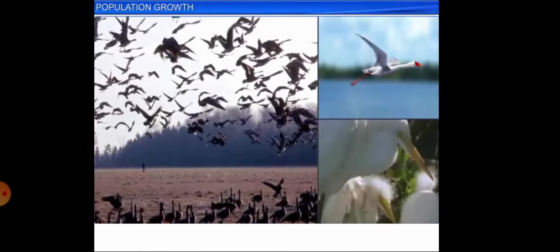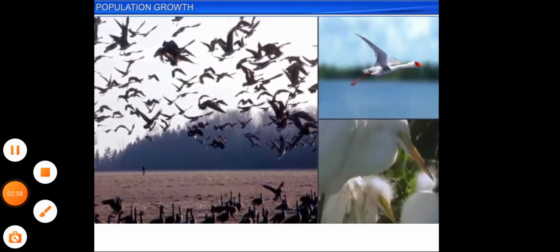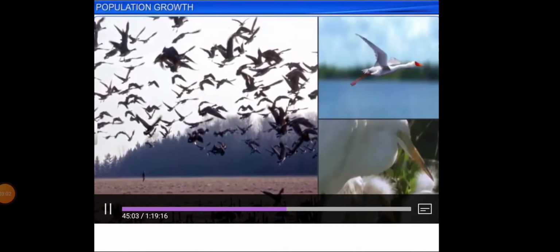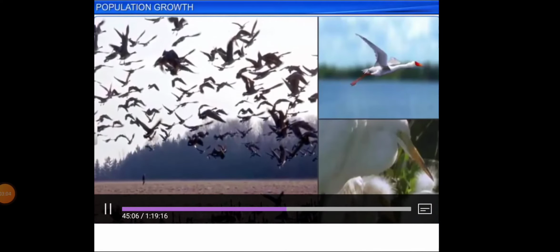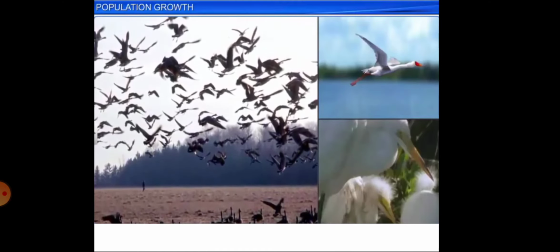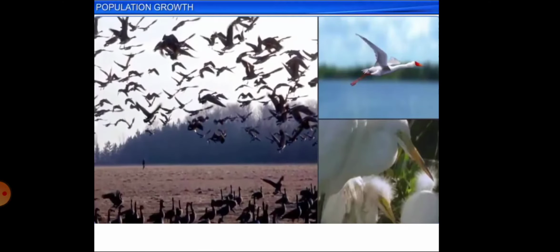For instance, if a newly formed habitat is colonized by great egret birds, the immigration of the egrets has a greater significance in determining the population density rather than the natality in this population.